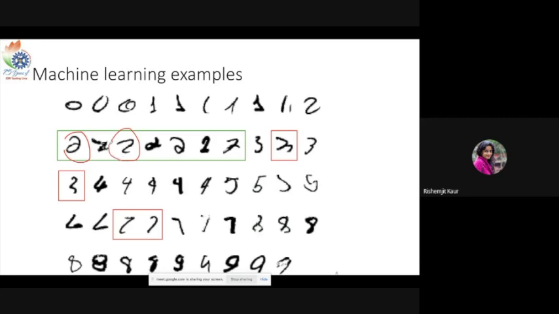It is even difficult for humans to say which one is two. Like this one, I cannot identify. I may guess it as seven as well, right? These were the kind of tasks which helped us develop machine learning algorithms and grow on top of it. And this is a very typical textbook problem, where everybody starts learning the ML algorithms itself.